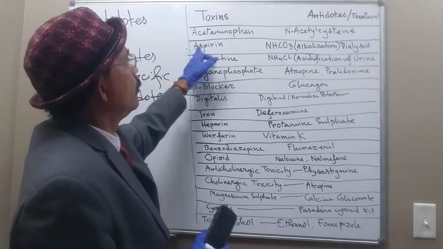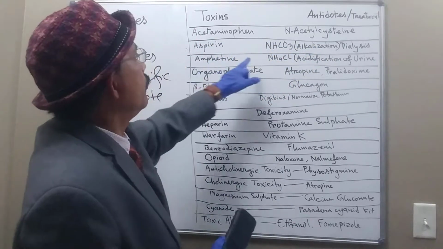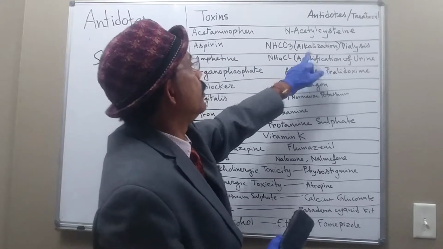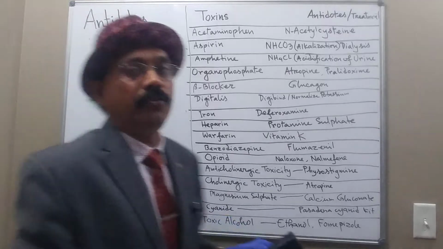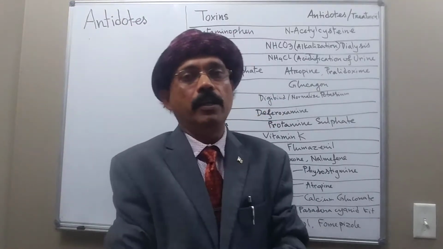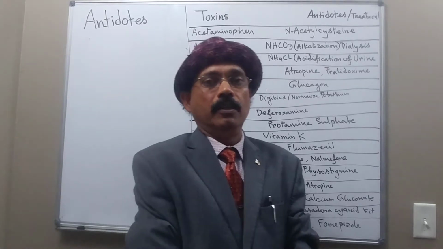For acid, we do alkalinization. For alkali, we do acidification. Amphetamine is a CNS stimulant, and it is used by celebrities.